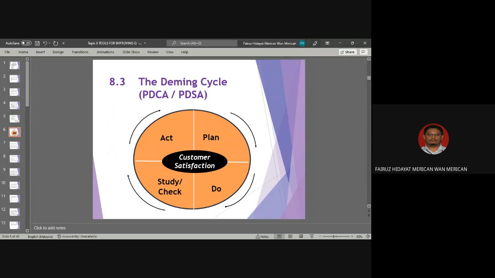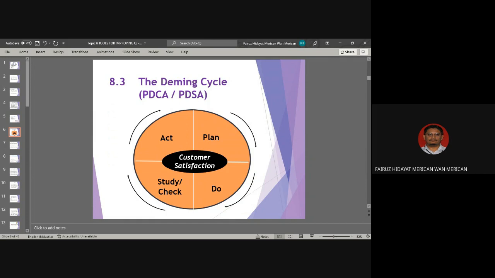Okay, next one is, sorry, the Deming cycle. The second tool. So the Deming cycle was developed by Edward Deming. That's why it's called the Deming cycle. But he developed that idea from a previous statistician. So both of them are statisticians.